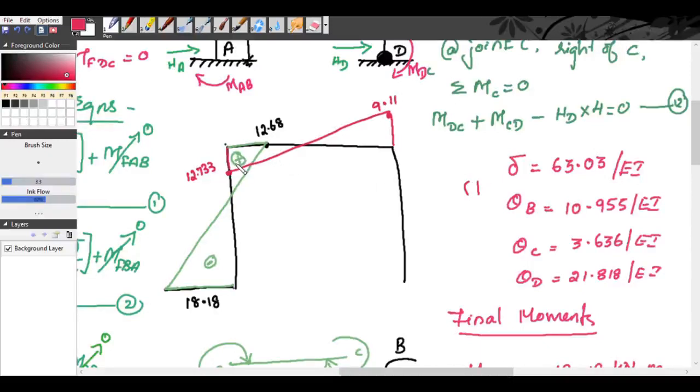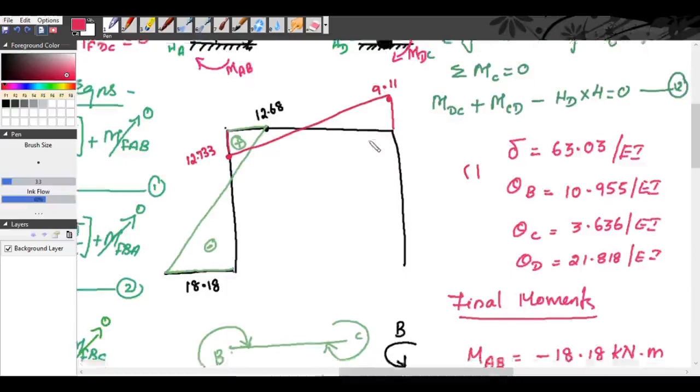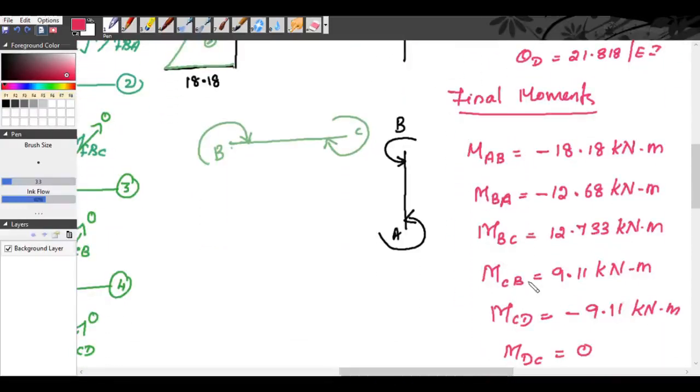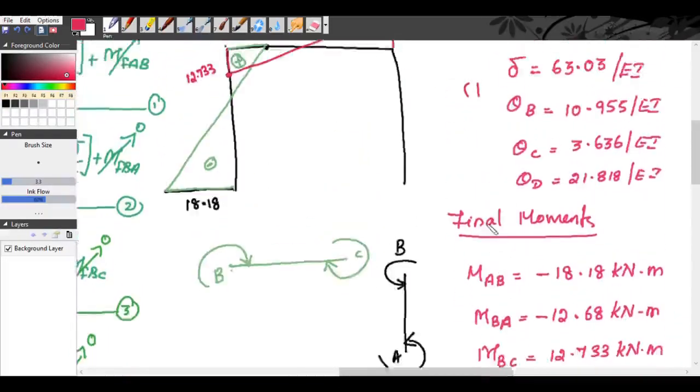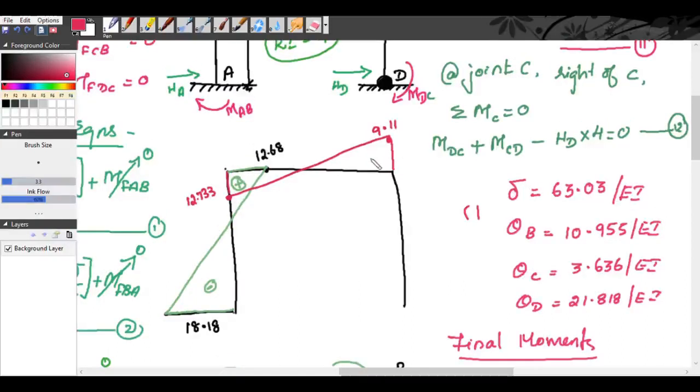So at this place we have positive, and here CB also clockwise. So right clockwise is negative. So here we have negative. Here we have the positive moment. Right?